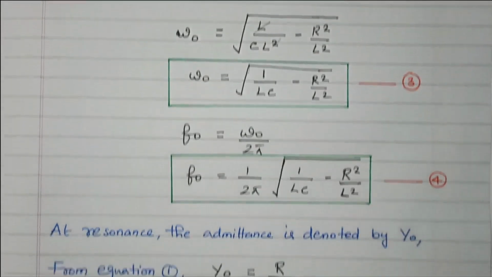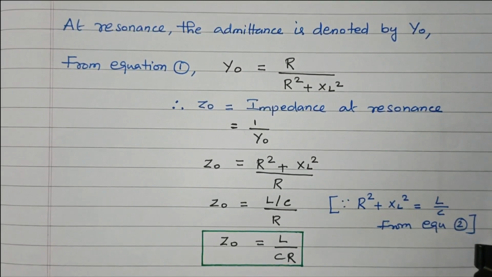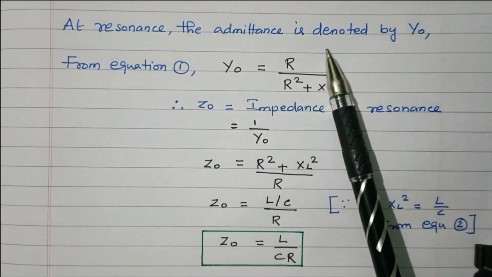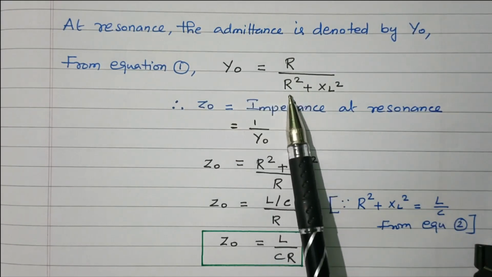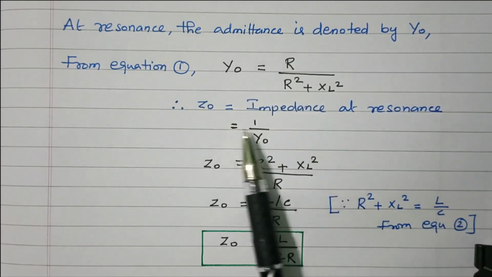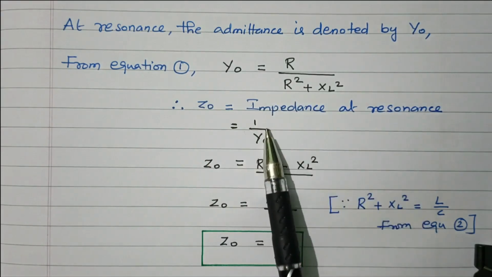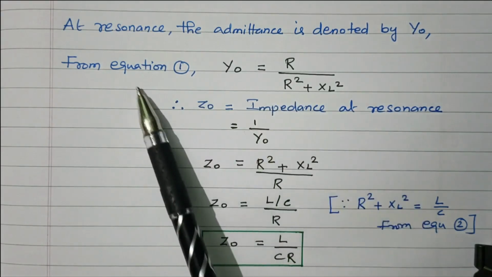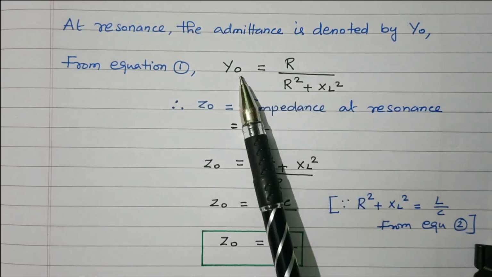Now we'll go for the further analysis. At resonance, the admittance is denoted by Y naught. Y naught equals R divided by R square plus XL square. Z naught is the impedance at the resonance, that is nothing but 1 divided by Y naught. So from equation 1, at resonance, this Y naught is written.